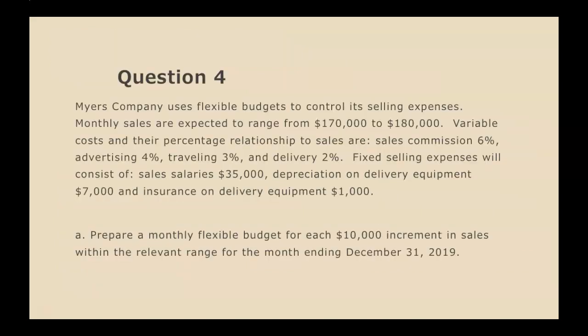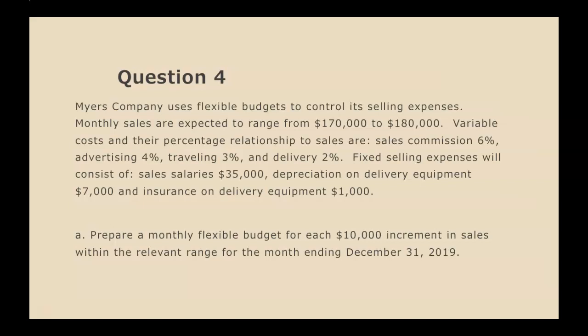Now, we need to think about flexible budgets, right? So we're told that Myers Company uses flexible budgets to control its selling expenses. Monthly sales are expected to range from $170,000 to $180,000.